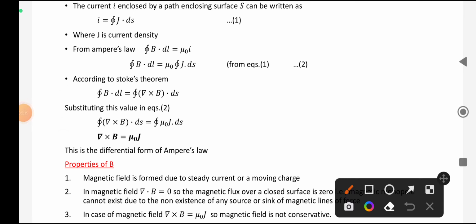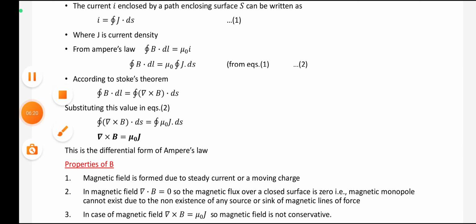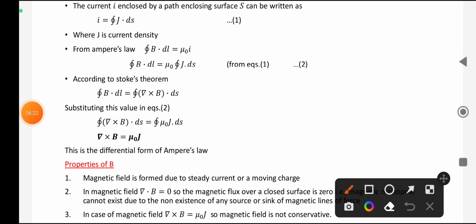Stokes theorem is integral B dot dl equals integral del cross B dot ds. Here a cross product has come, that is why it is the curl property. We can substitute and make these two equal.